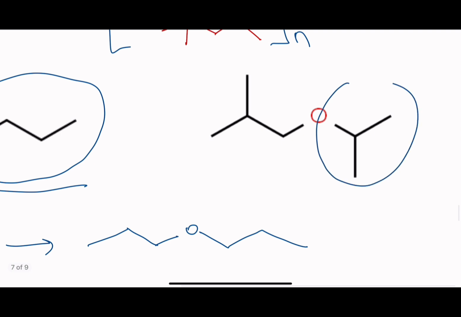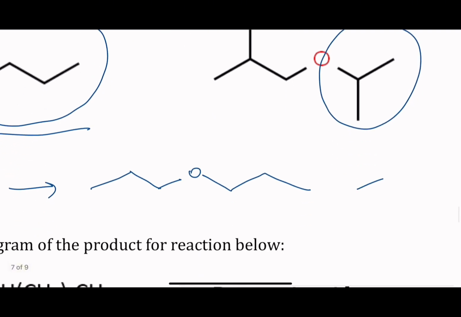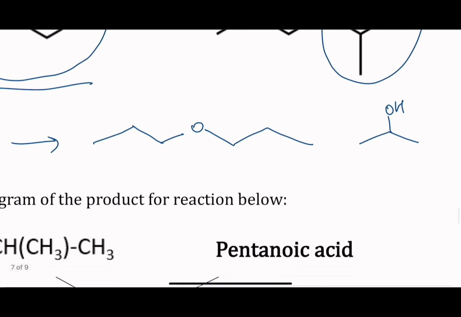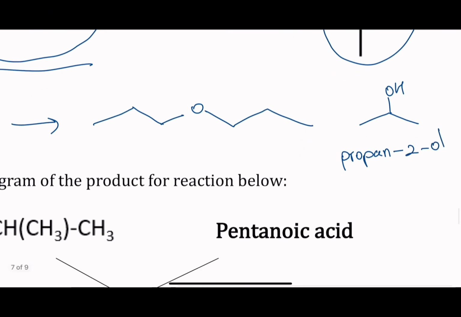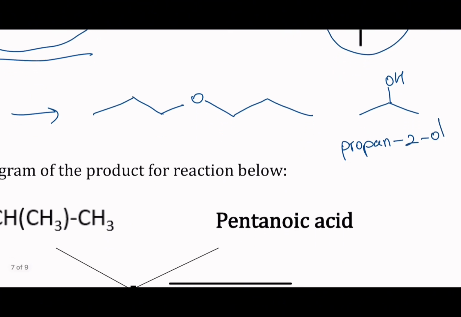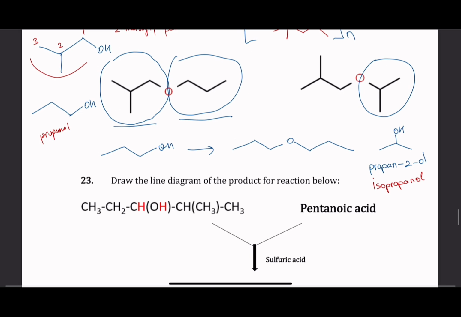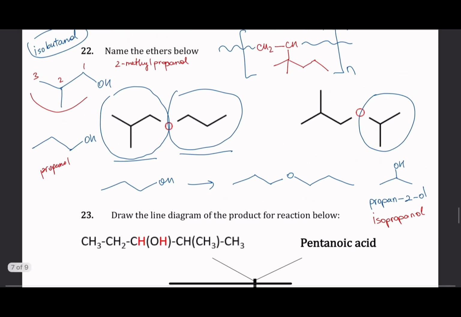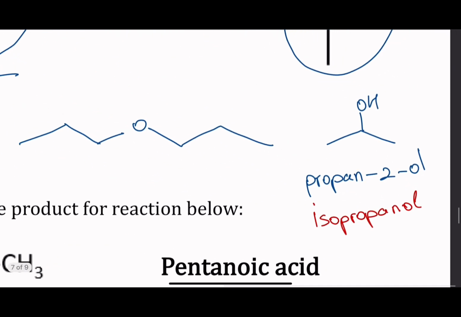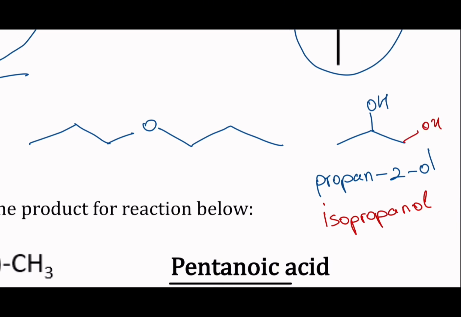For example, in here I have 3 carbons, so the alcohol I made it from has OH, right? Normally we call it propan-2-ol, right? But the name of this is isopropanol. It's like a second name given by scientists, iso, because it's not connected on the end, but connected from the middle.